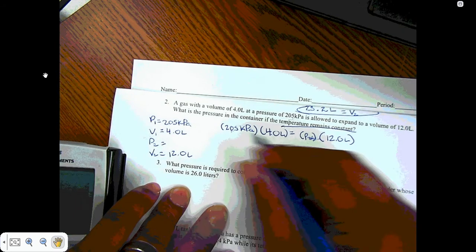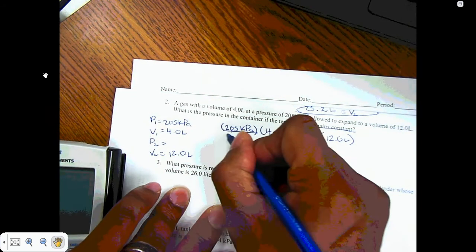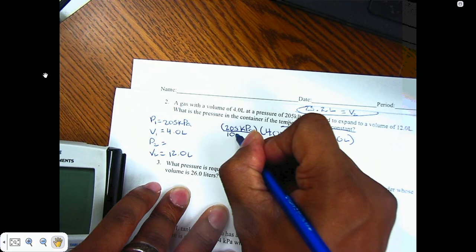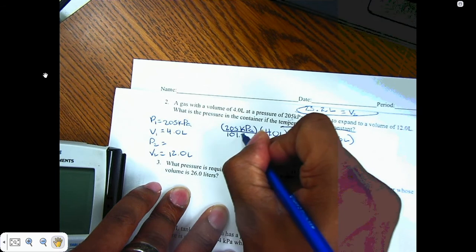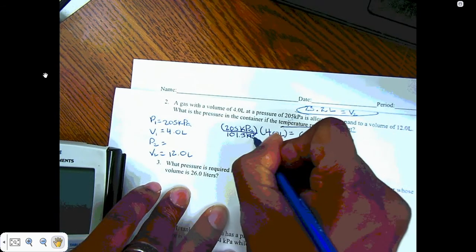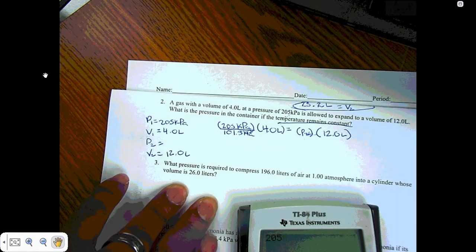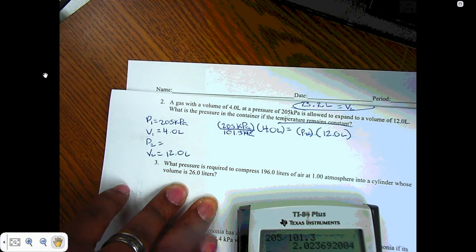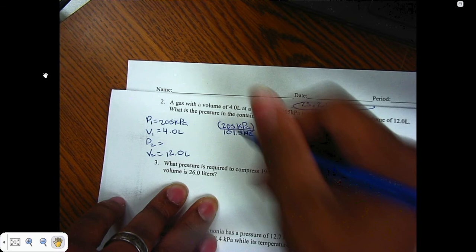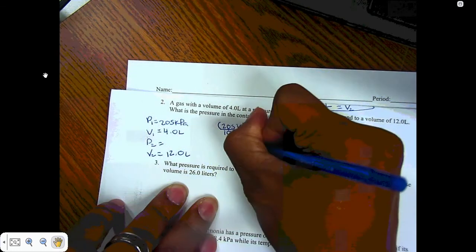For consistency's sake, I can express how that would look in ATMs. 101.3 kPa is what you divide by to convert it to ATMs. That yields 2.02 ATMs.